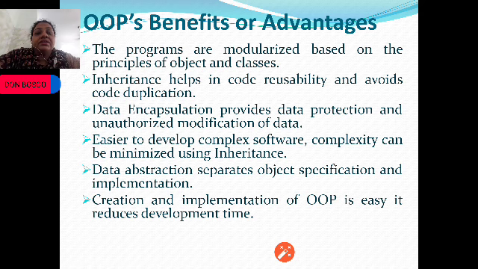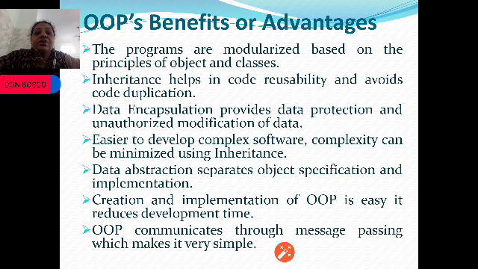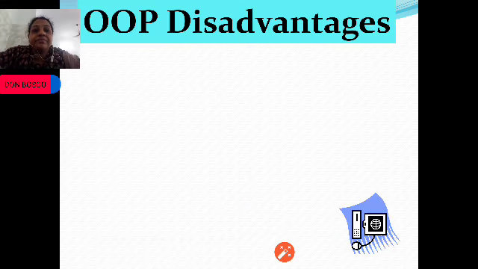Then the next benefit is that the creation and implementation of OOP is easy and it reduces the development time. As we discussed, the objects communicate with each other by passing messages. Passing messages makes the work easier.